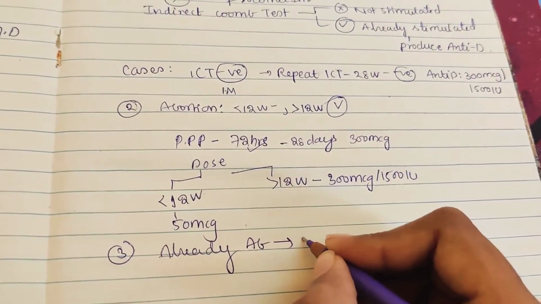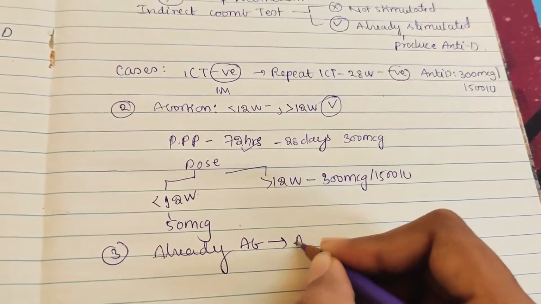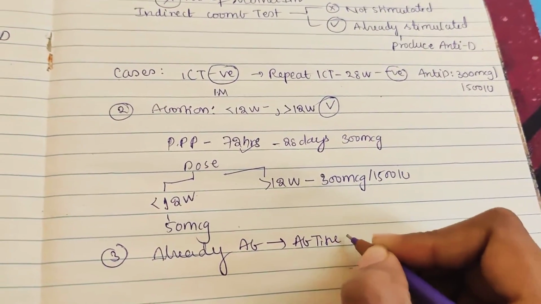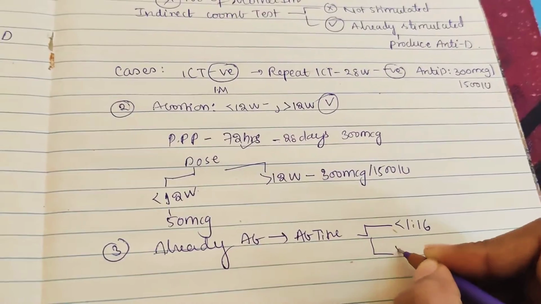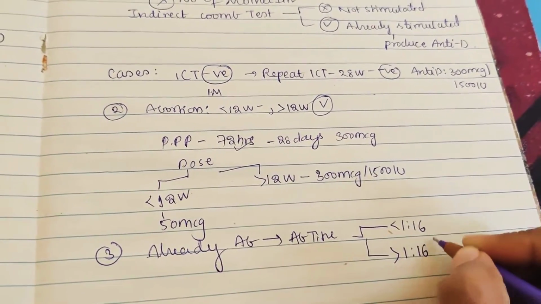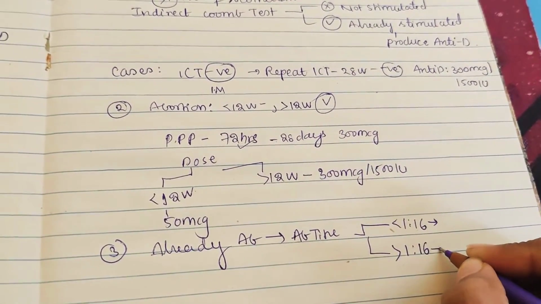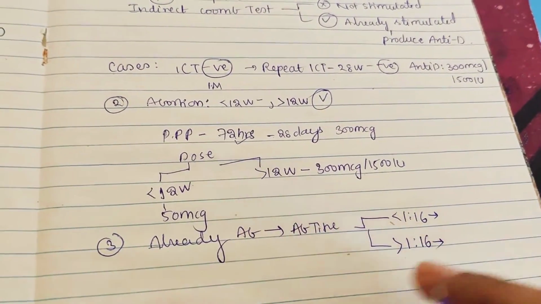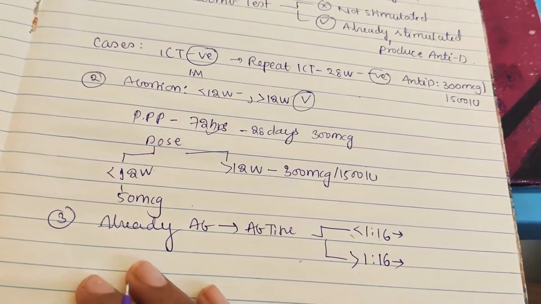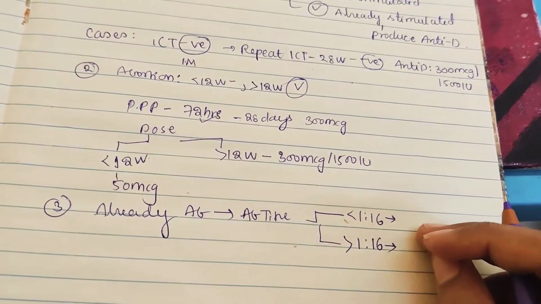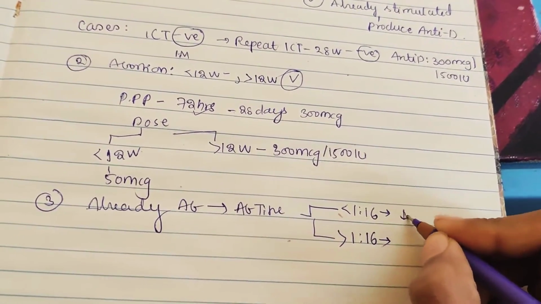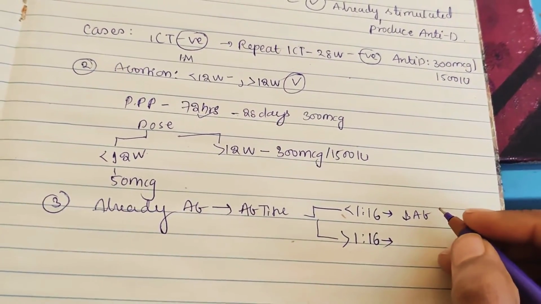The next step is to know the antibody titer. For this we need to see if it is less than 1:16 or greater than 1:16. If the antibody titer is less than 1:16, it means fewer antibodies are present, not much damage.